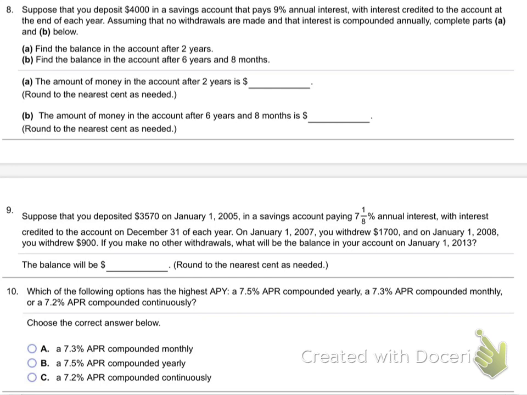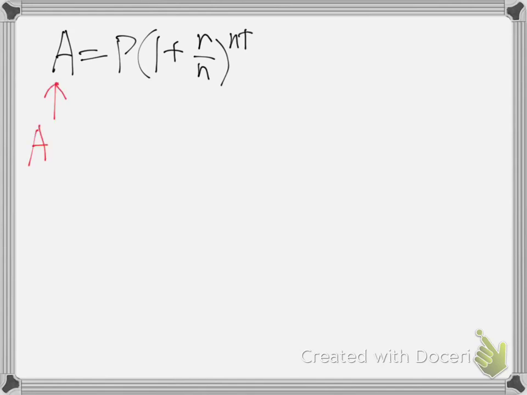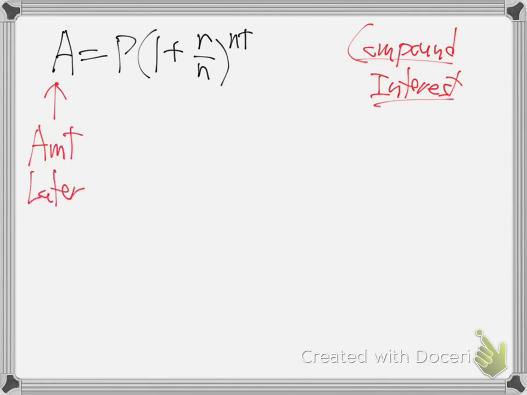So here's compound interest. I'm going to give you a formula. Let me write it here. A equals P(1 plus r over n)^(nt). So again, this is for compound interest. In this problem, n would be 1. Exactly. So A is the amount later.